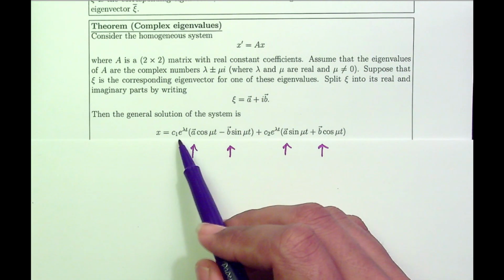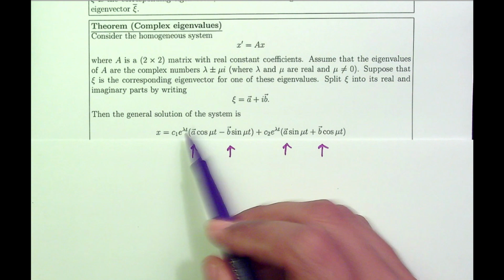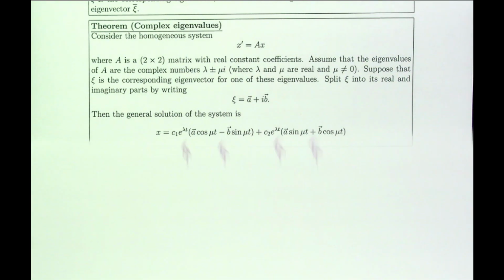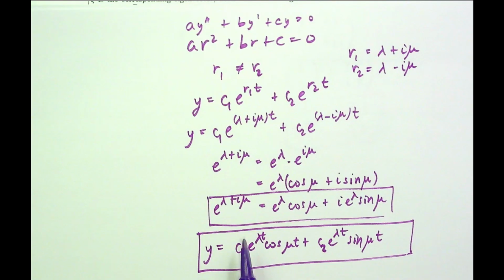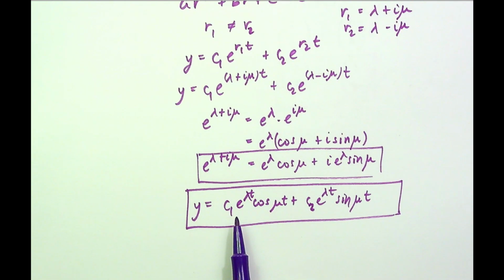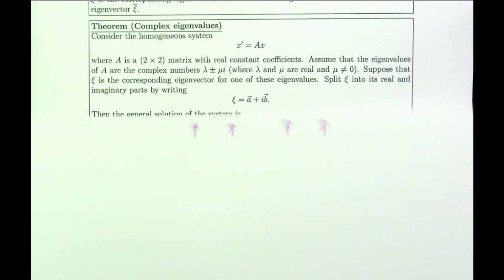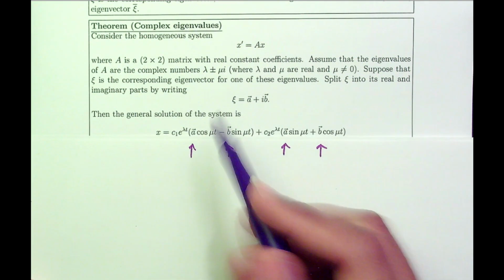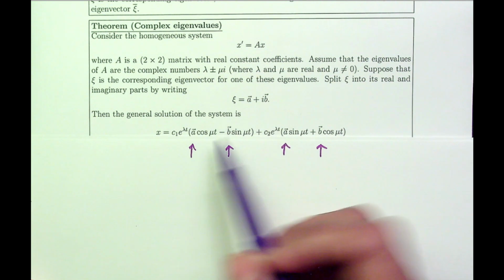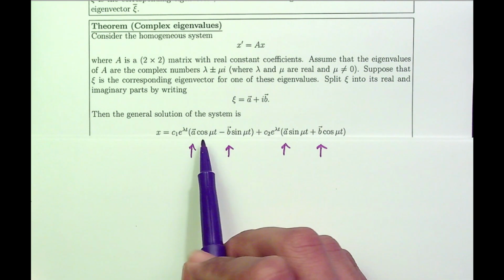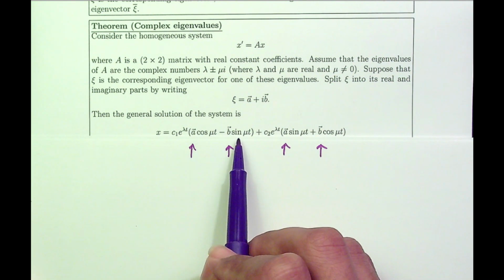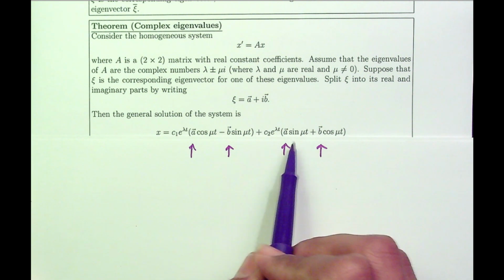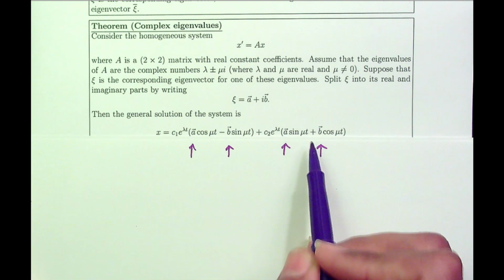This C1 e to the lambda t is just like the formula that we had learned a long time ago. So that's the same. We have the A and the B staying in the same place, and there are two switches. The cosine and the sine trade places, and the sign in the middle changes.